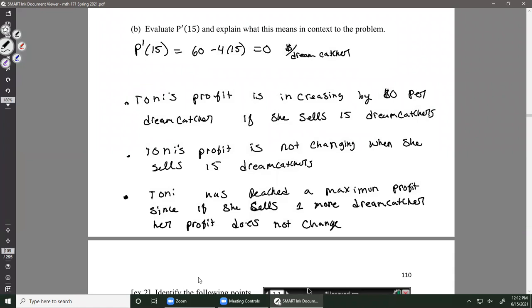So at that 16th dream catcher from her 15th, her profit's not going to change. We're really close by. So we've reached a maximum point.